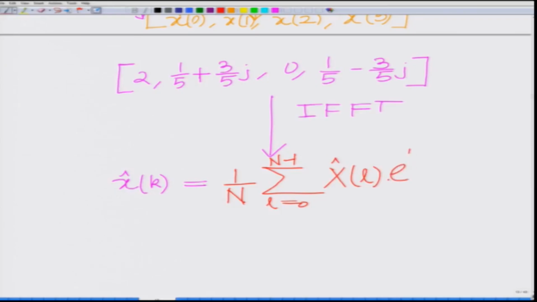capital X hat L e to the power of j 2 pi k L divided by n.